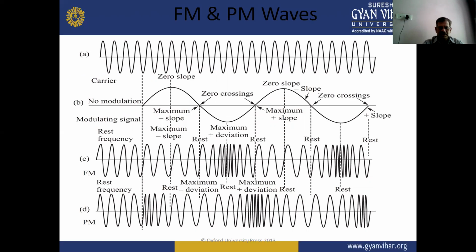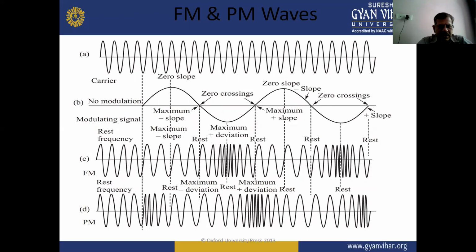Here are given different waveforms. The first waveform shows the carrier signal or high frequency signal, and the second one shows the modulating signal or low frequency signal.